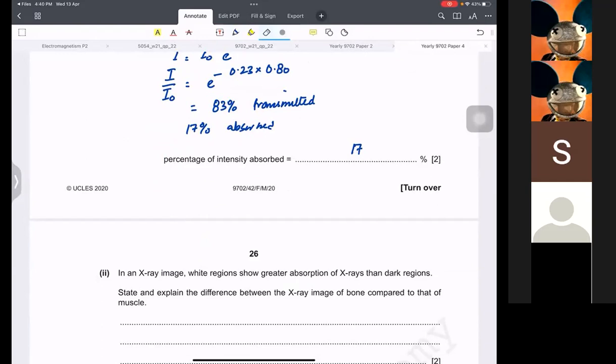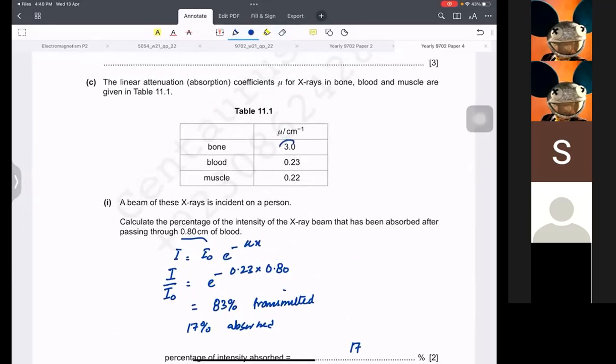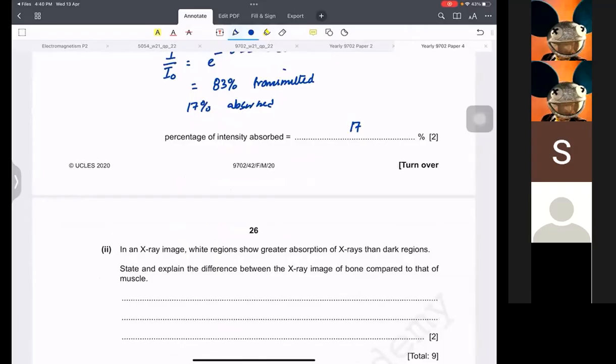State and explain the difference between the X-ray image of bone compared to that of muscle. So bone has a higher absorption coefficient mu.